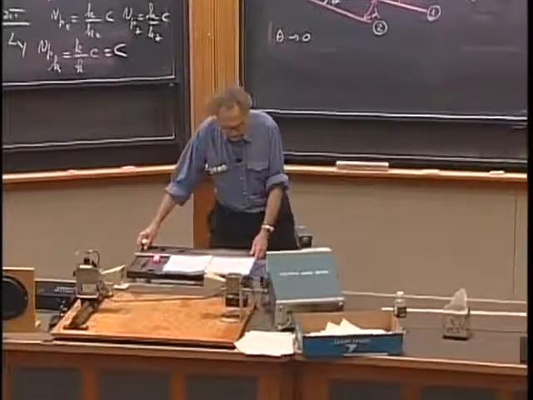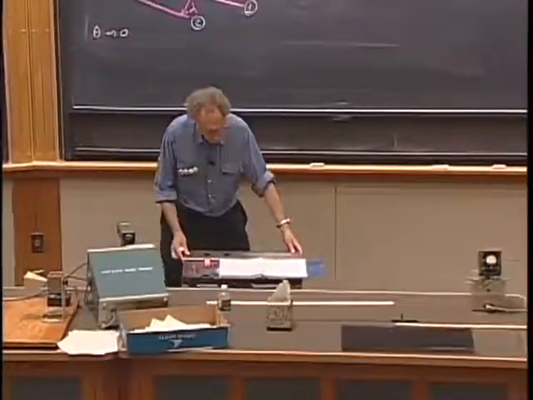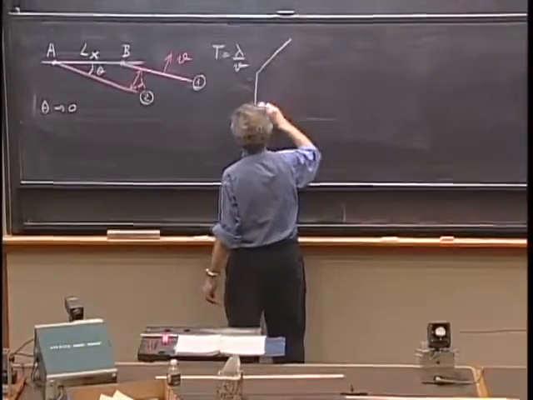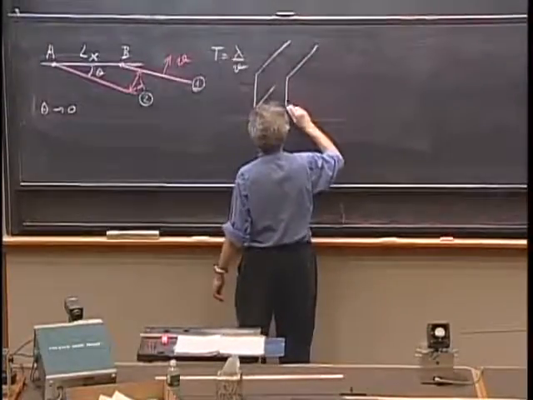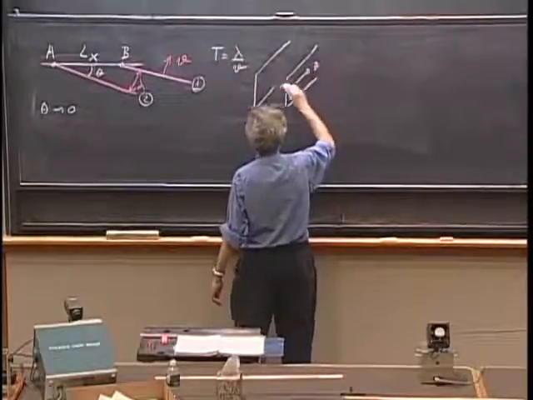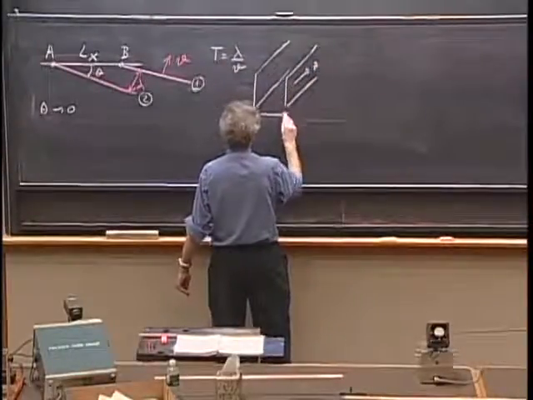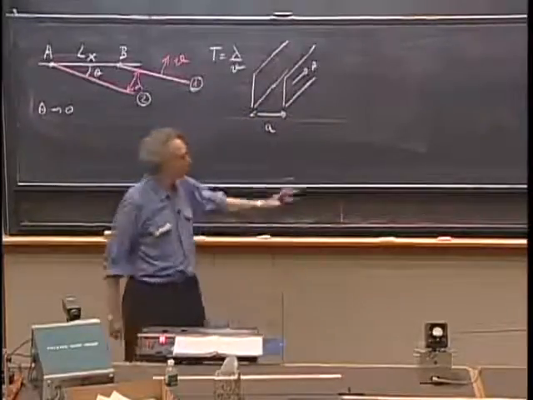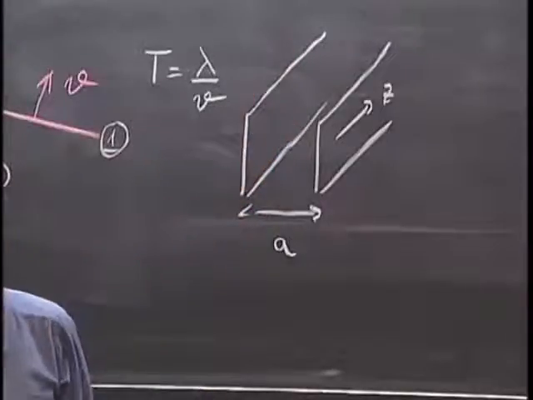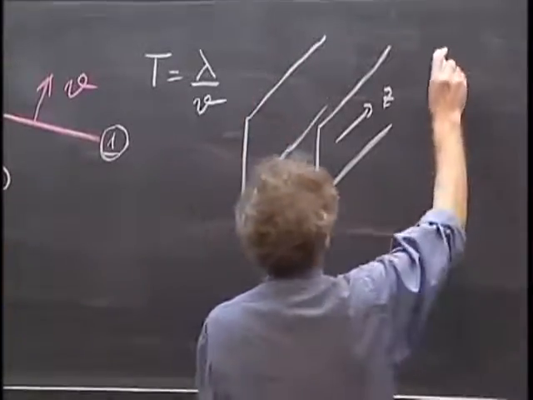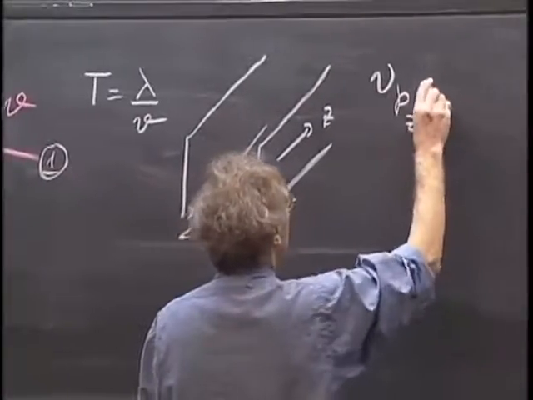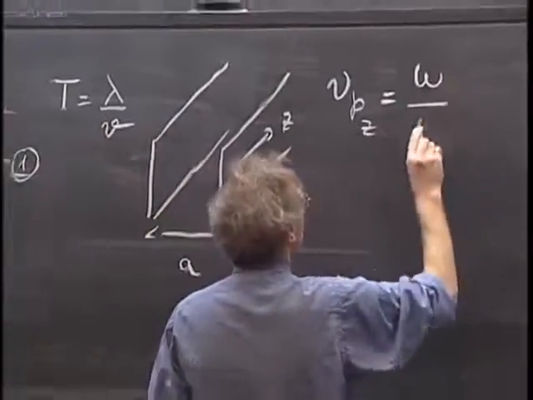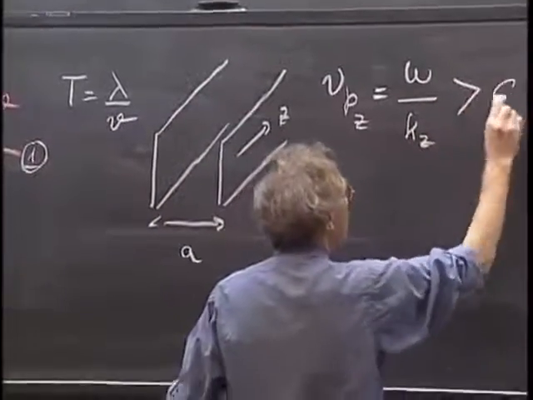And the reason why they couldn't sleep is that we had this wonderful demonstration whereby I had here an aluminum plate and I had another aluminum plate, and this was the z direction, and the separation between the plates was A, and we had electromagnetic radiation going in that direction, and we concluded, I will not go over the reasoning again, that the phase velocity in the z direction was omega divided by k of z, and that was larger than c.